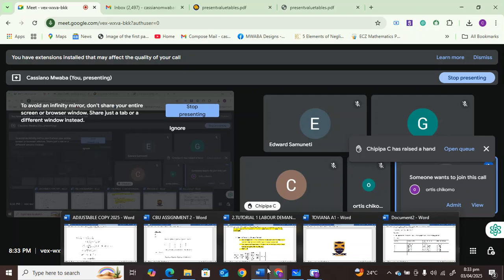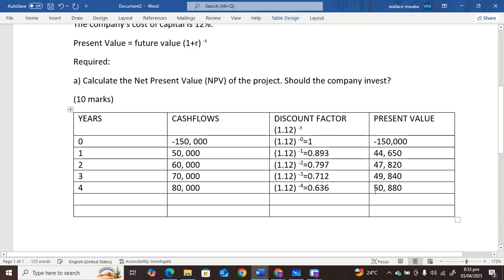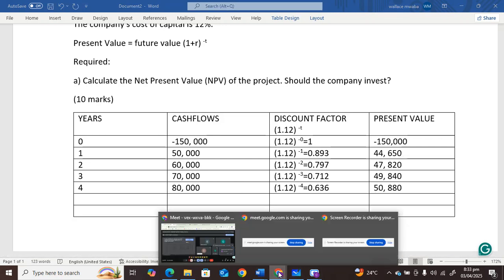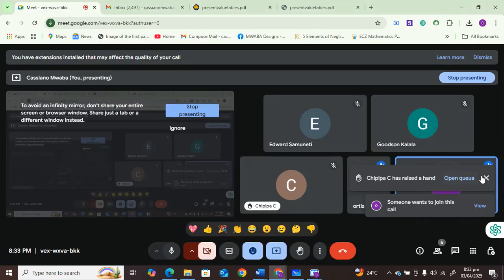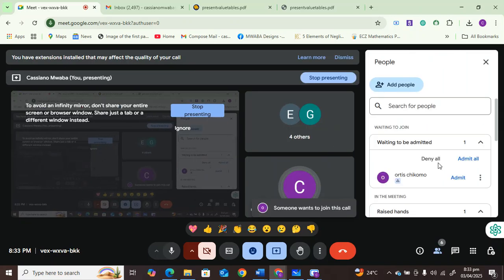So, you have already joined. You want to join with another gadget? It will have feedback. Okay, let me admit you with this one.